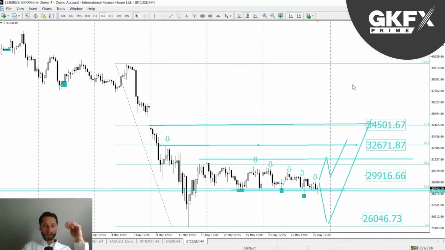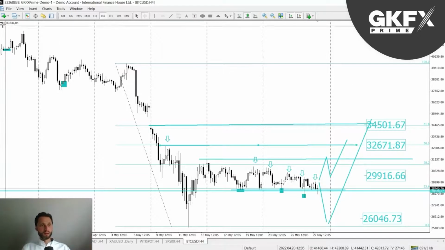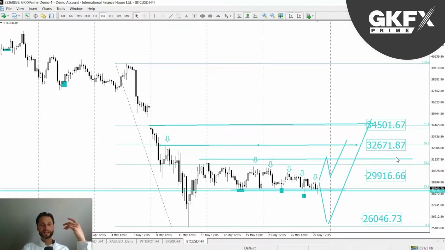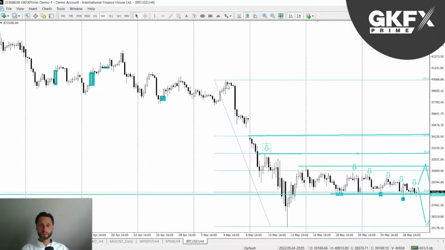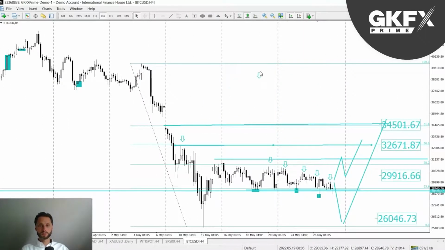Now, again, bear in mind that Bitcoin is tied to the dollar, priced in dollars. Once again, weakness, let me just point it out. Weakness in the dollar, which is what we're looking at the moment. Let me just draw it out for you.